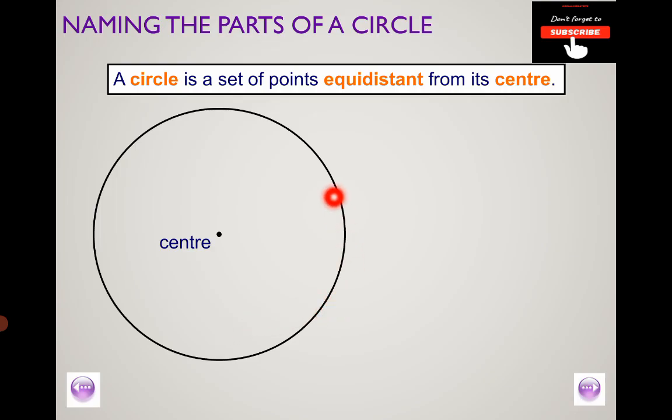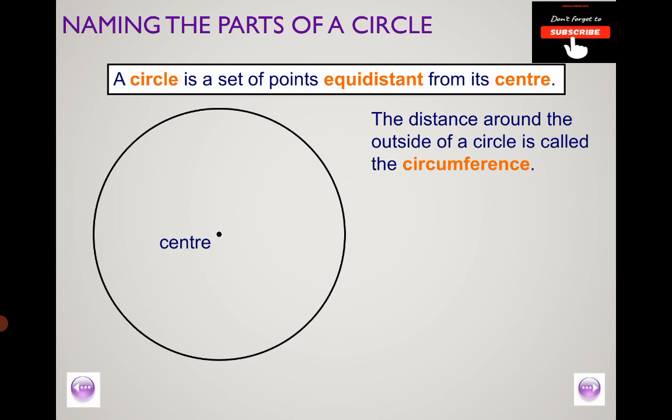All the points along this path are the same distance from the center here. As long as the distance from the center to the points around is the same, then this shape is called a circle. I hope you're good on that.